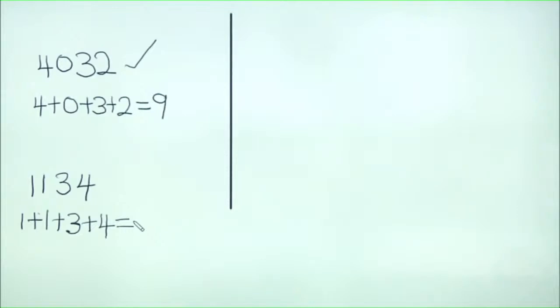Let's add together. 1 plus 1 is 2. 2 plus 3 is 5. 5 plus 4 is 9. Okay, 9 is a multiple of 9. So 1,134 is divisible by 9.